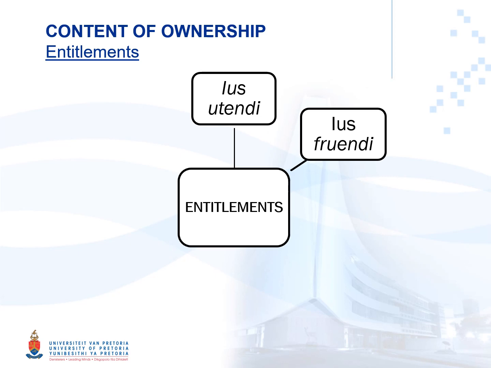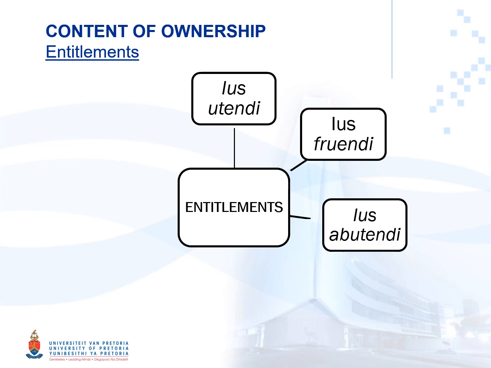If the flock of sheep has lambs, and the parties agreed that the ius utendi, the right to use the property, does not coincide with the ius fruendi, then person A will not be able to use and enjoy the lambs that came from the flock of sheep. However, if there is no such clause included in the contract, person A will then also be able to use and enjoy the fruits of the property, namely the lambs.